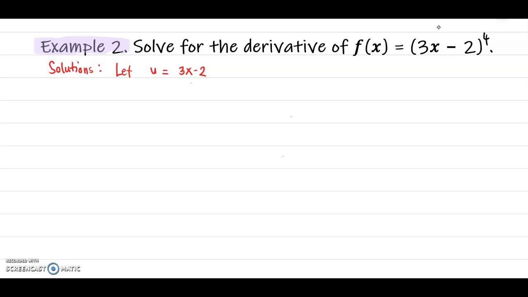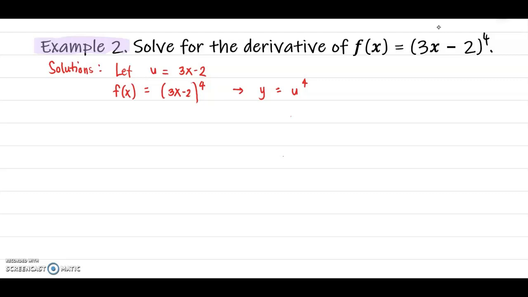Next, rewrite your given function. We have f(x) = (3x - 2)^4. Rewrite this into y = u^4.